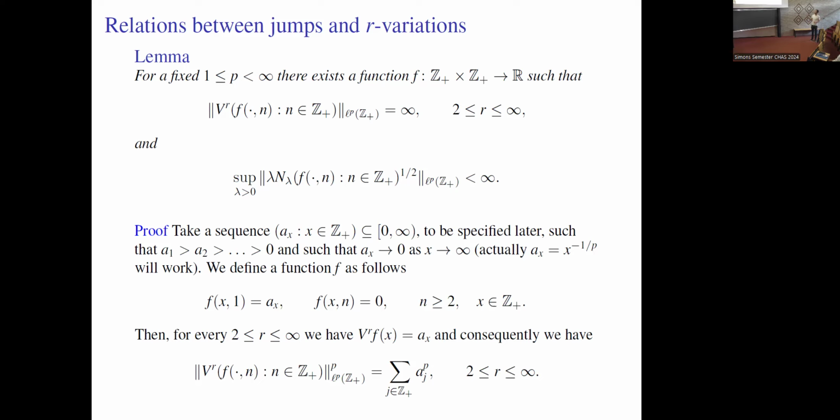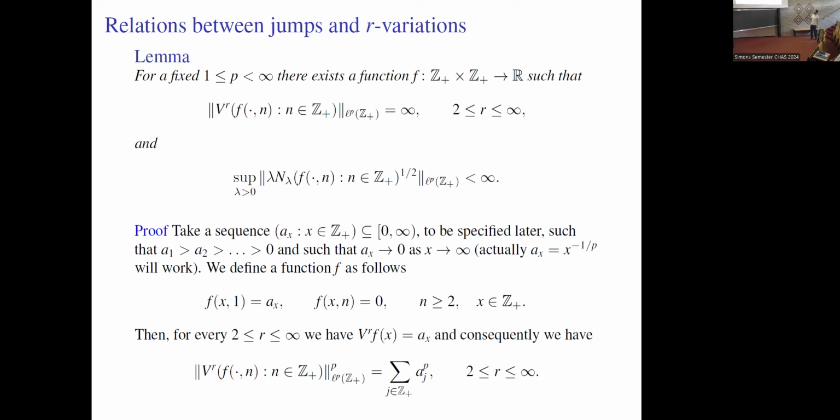So first of all, if we compute the R variations, if we look at the differences, there is only one nontrivial difference, and this is a_x minus 0, so this is just a_x, and it does not matter which power we take, because then we need to take the root of this. So if we compute the power of the LP norm, we just sum all those things.